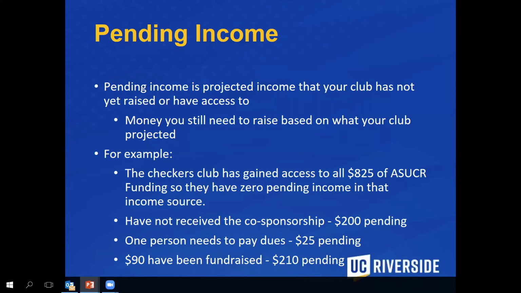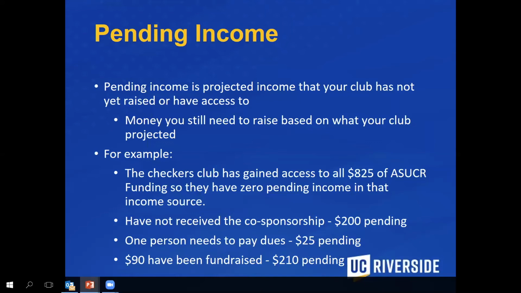So we need to talk a little bit about pending income. Pending income is projected income that your club has not yet raised or have access to. Money you still need to raise based on what your club projected. For example, the Checkers Club has gained access to $825 of ASUCR funding, so they have zero pending income in that income source.